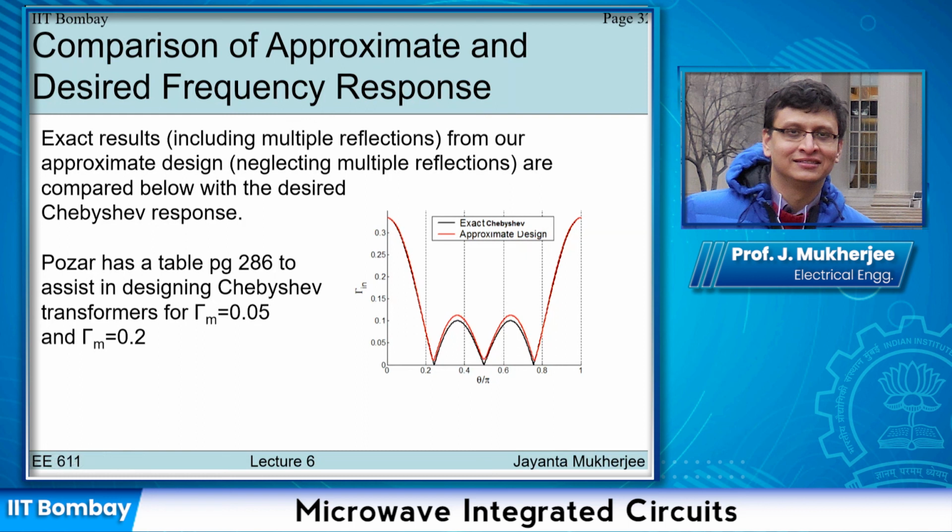As you can see, there is again a small discrepancy, and this discrepancy is because of that simplification for gamma k that we take, where we take gamma k equal to half ln of zk plus 1 over zk.